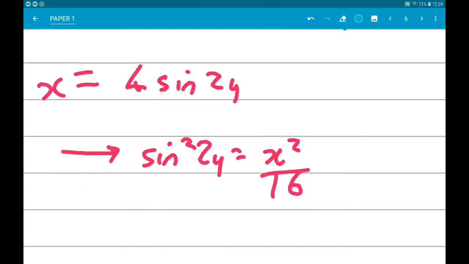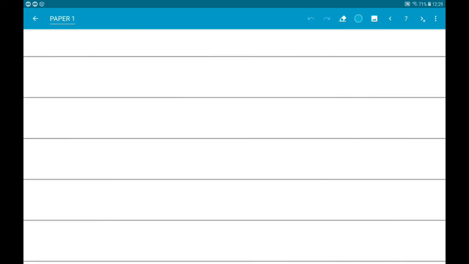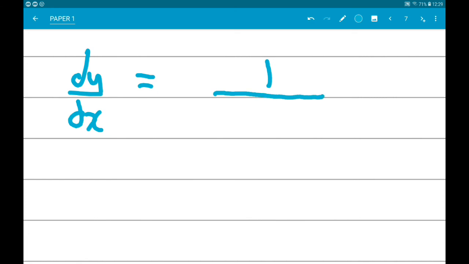That means dy by dx can now be written as 1 over 8 root 1 minus x squared over 16.